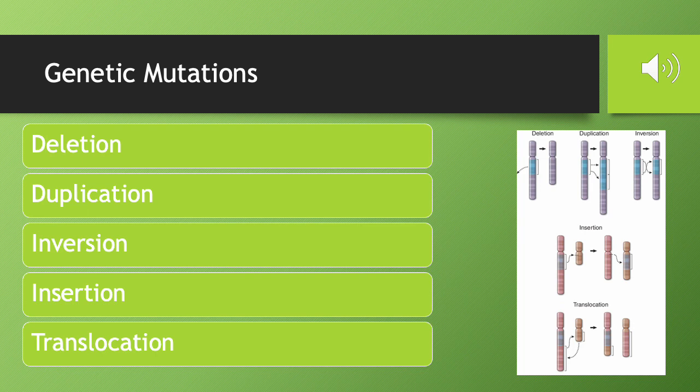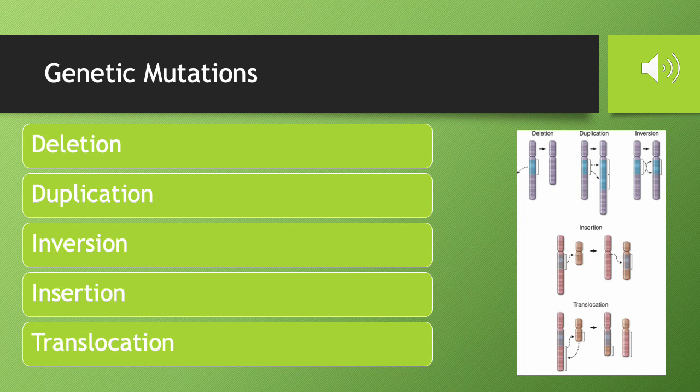So here's a general overview of different types of genetic mutations. So again, when we're getting information from parents, or even if there is a replication issue, there are chances to have genetic mutations.